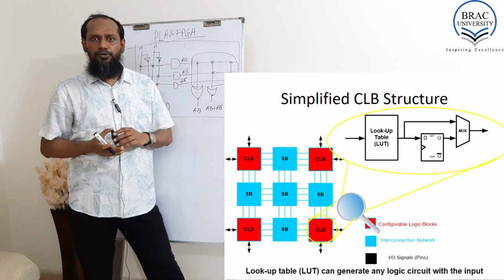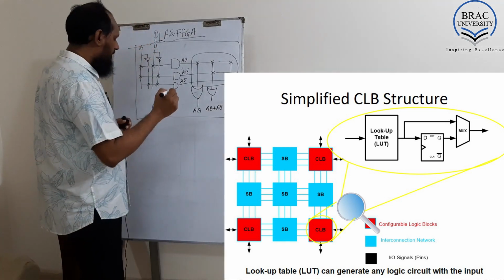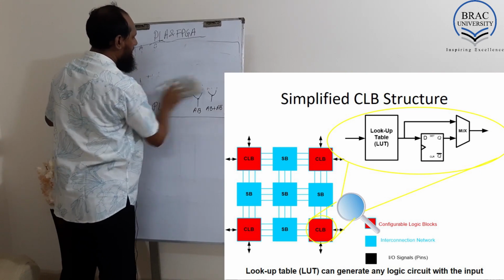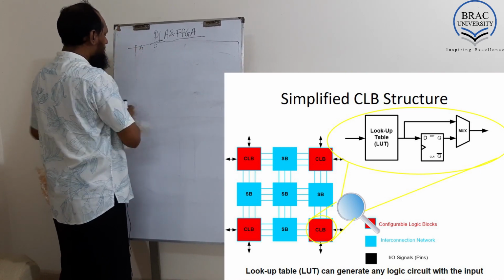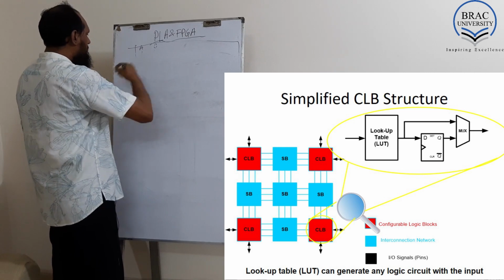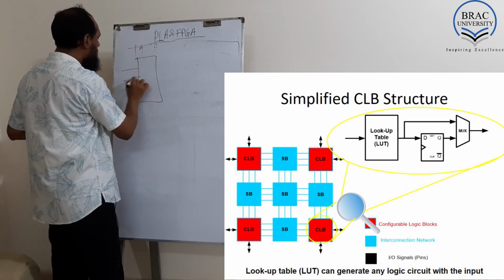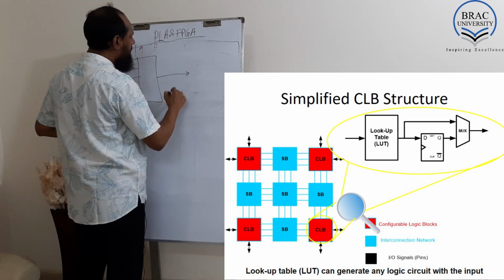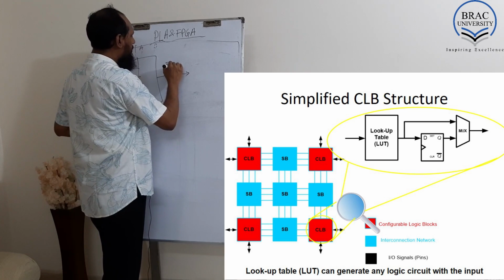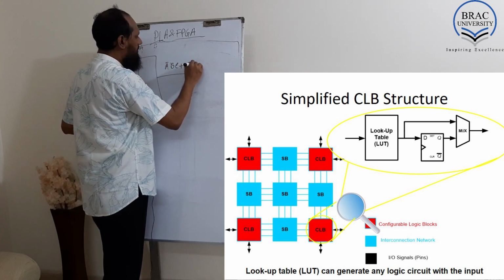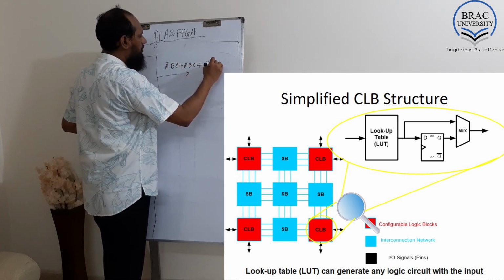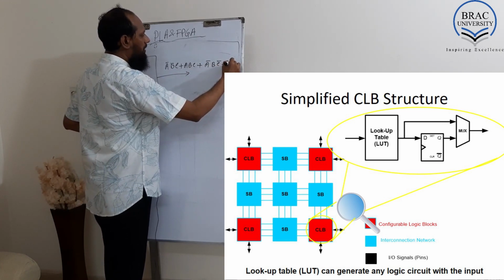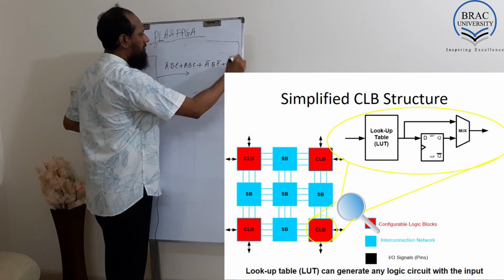from the input. Suppose in this block we have three inputs A, B and C. We want an output like A'BC plus ABC plus A'B'C plus AB'C.